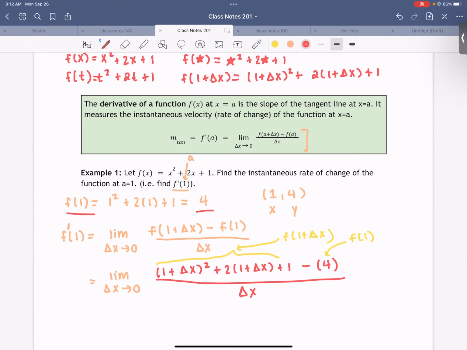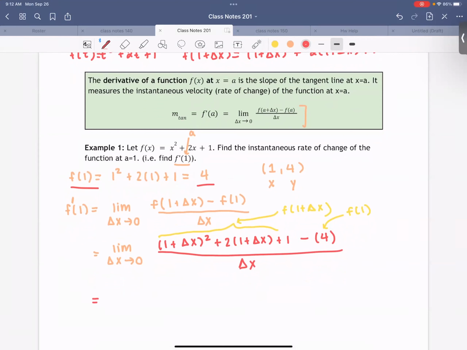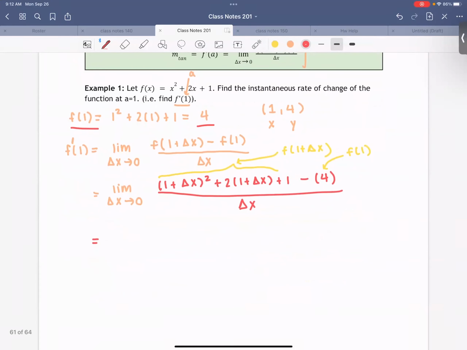All right. Any ideas on how to simplify this out a little bit better? Combine like terms and then take out a delta x. Okay, you kind of are blowing through the steps with me here. I do want to show some more steps, but that's a good idea. If I want to combine like terms, maybe I should FOIL out something first, right?